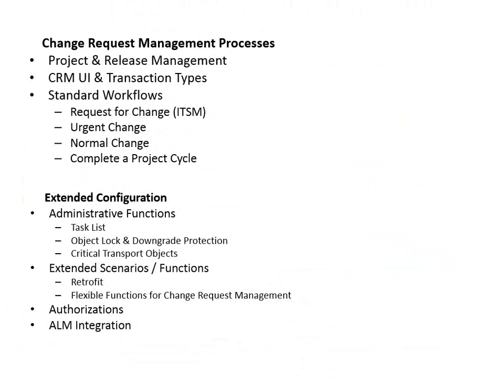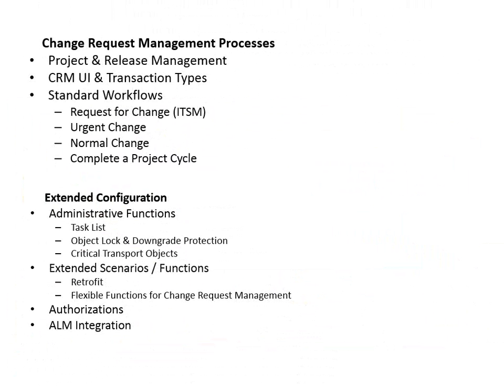We will cover the change request management process: we have to create the logical component, and we have to tell which development, QA and production, what are the development box, QA box, and production box, how the transport and the landscape are set up, and we have to configure it in the workflow. These will come under the change request management process.